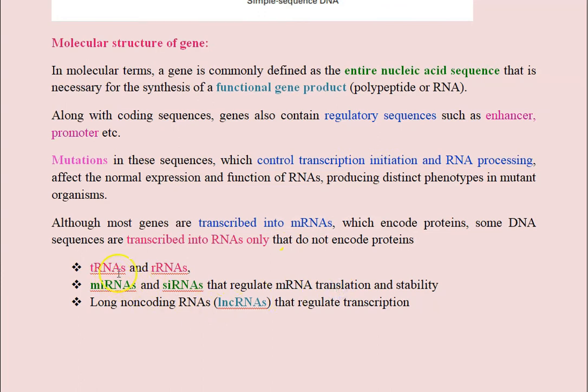Examples: transfer RNA and ribosomal RNA, which participate in translation; microRNA and small nuclear RNA, which regulate mRNA translation and stability; and long non-coding RNAs that regulate transcription. These are just examples. There are a lot of types of RNA molecules.